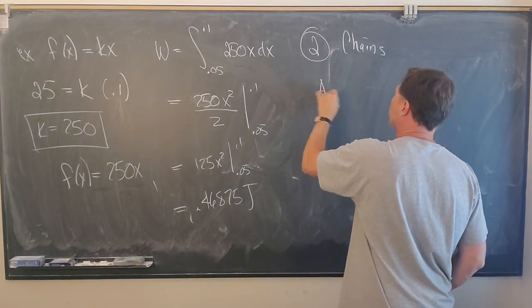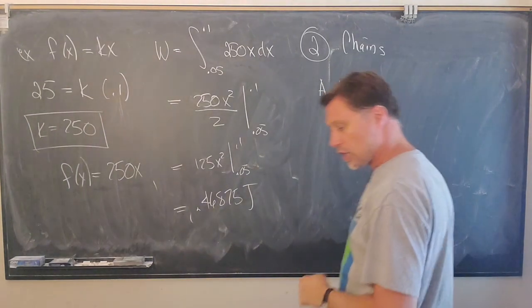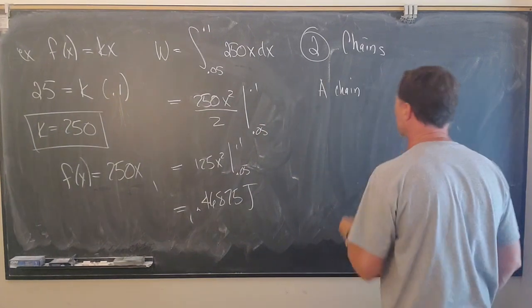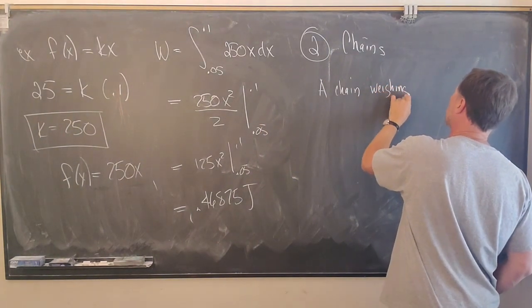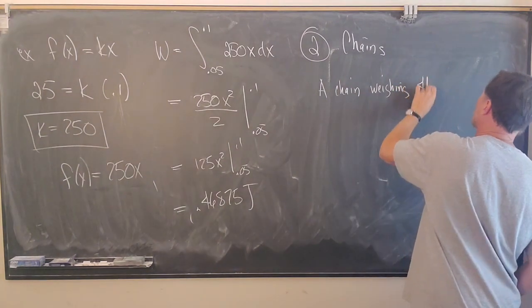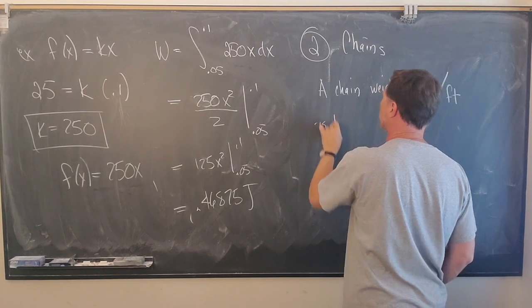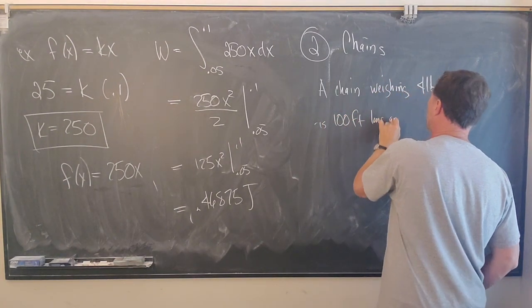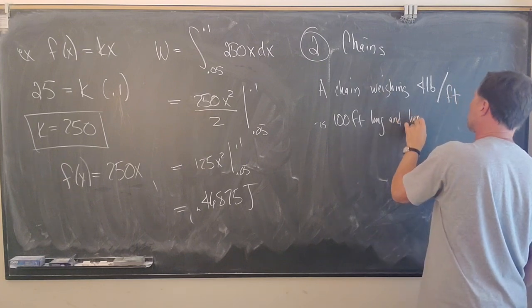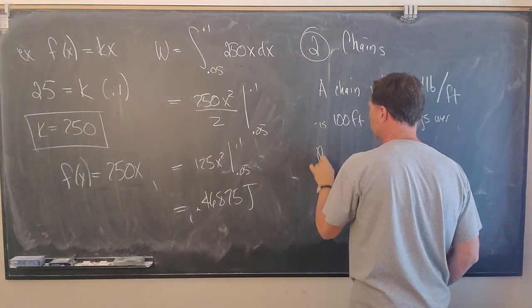So here we go. I'm just going to jump in with an example. A chain weighing 4 pounds per foot is 100 feet long and hangs over the edge of a building.